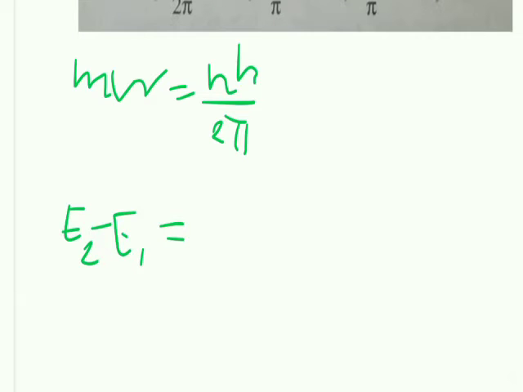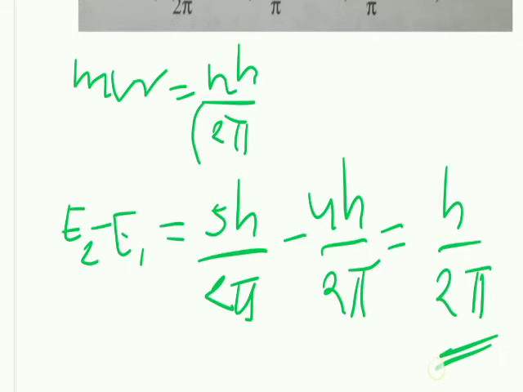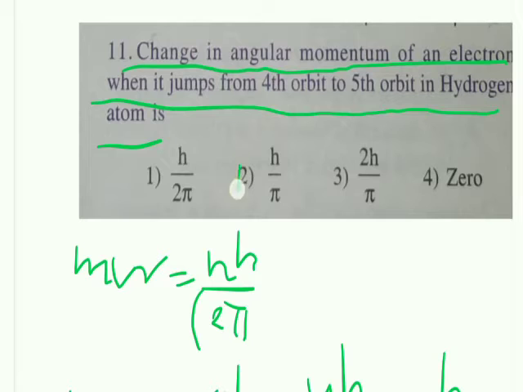With n equal to 5, 5h by 2 pi minus 4h by 2 pi is equal to h by 2 pi. Our answer is h by 2 pi. Option 1 is the correct answer.